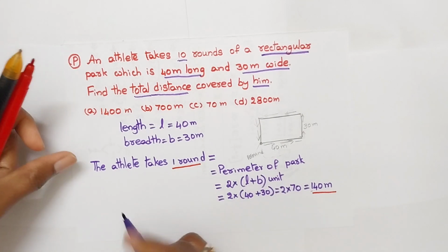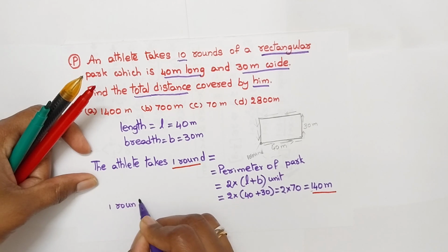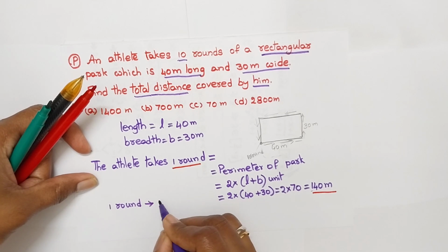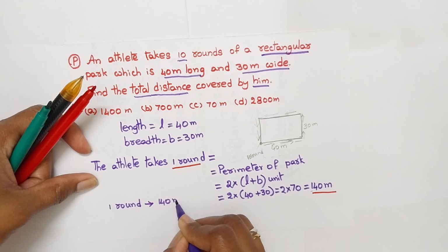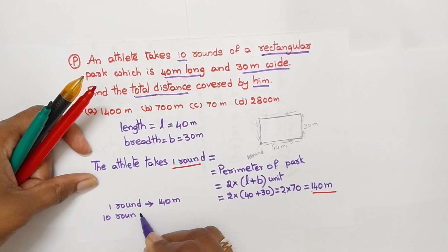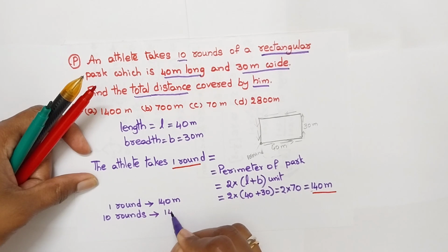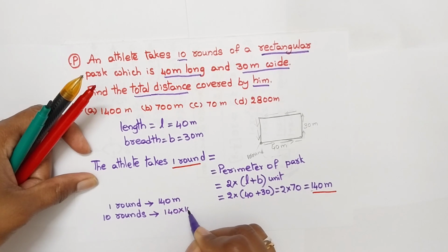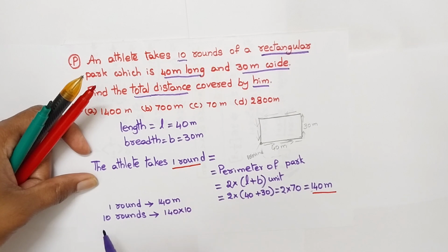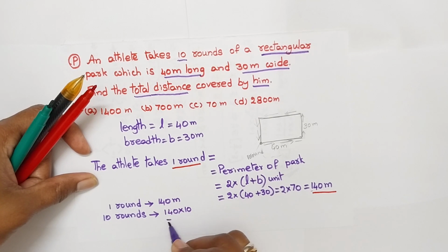But the athlete takes 10 rounds. For 140 meters per round, 10 rounds means 140 into 10, that equals 1400.